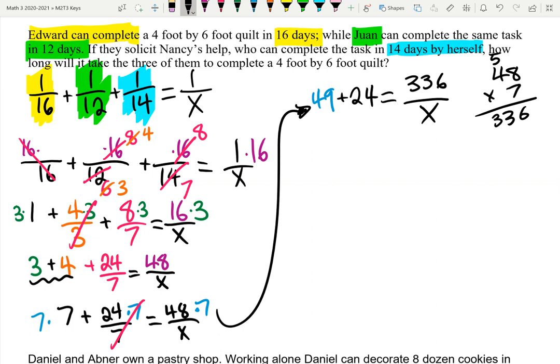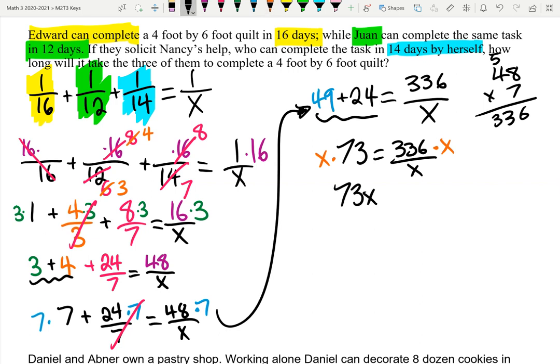My final thing, I see an opportunity to combine like terms. So I'm going to add 49 and I'm going to add 24. That's going to produce 73 is equal to 336 over x. I'm almost at the finish line. I'm going to multiply both sides by x in order to eliminate the denominators.